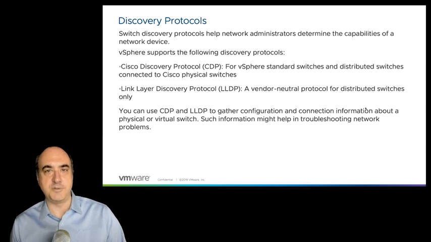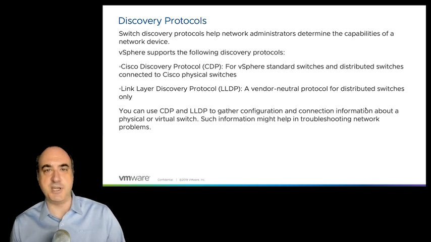With this, you're able to provide the discovery protocol in a mixed environment where you might have Cisco hardware on the physical network side, but you might have other networking constructs maybe at a virtual interconnect level. This becomes a vendor neutral way to advertise your network configuration, right? These discovery protocols are great in that they help provide connection information about the virtual switch and advertise that to the physical network. Just like we can actually gather that same information from the physical network into the virtual network.